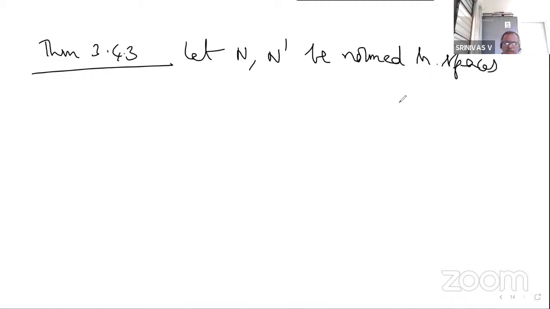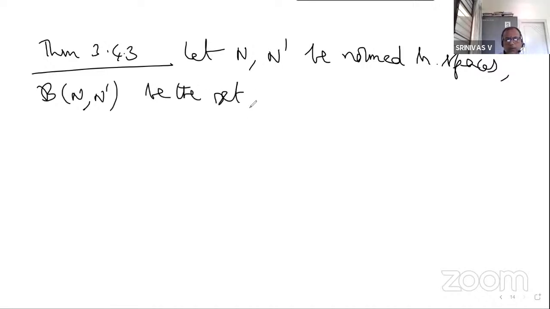Then consider B of n comma n dash, the set of all continuous, bounded linear maps.